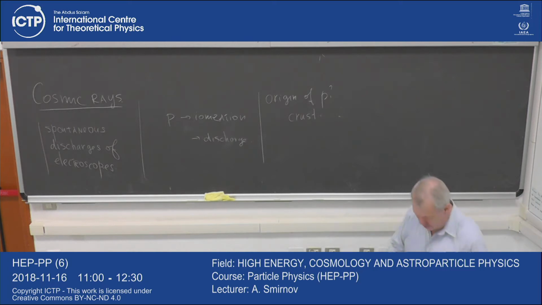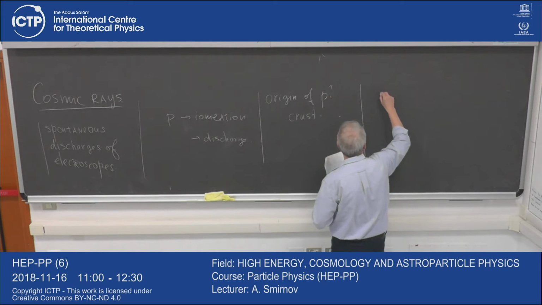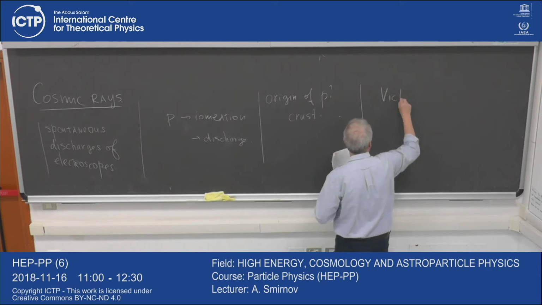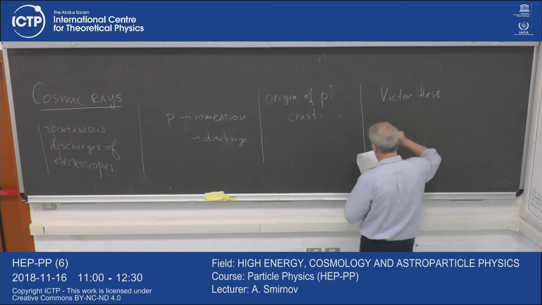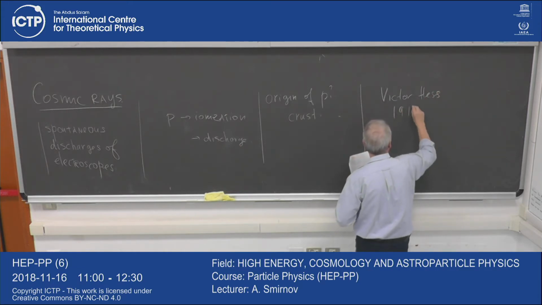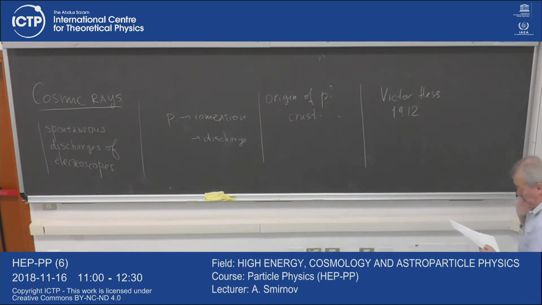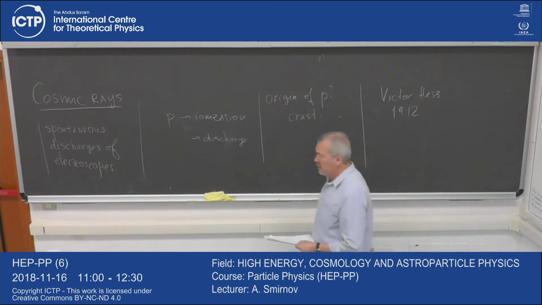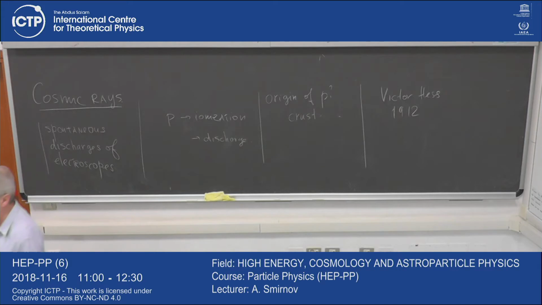The final point in this story was put by Victor Hess in 1912. Quite recently we celebrated the 100th anniversary of the discovery of cosmic rays, and he used balloons. He was sitting in a balloon, the balloon was flying up, and he registered the frequency of discharges of electroscopes.